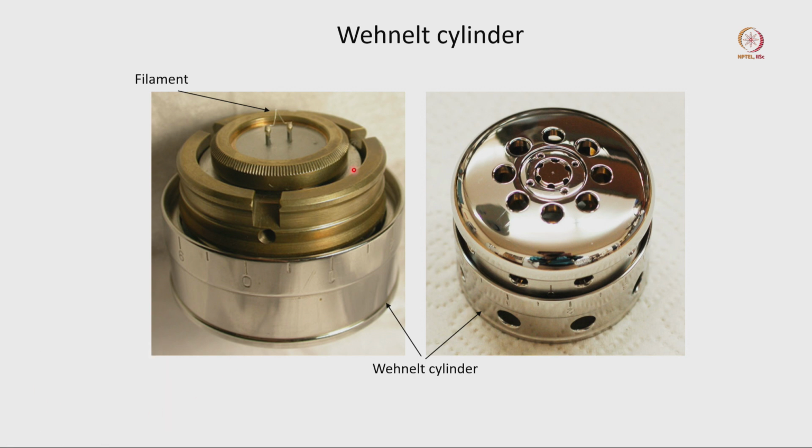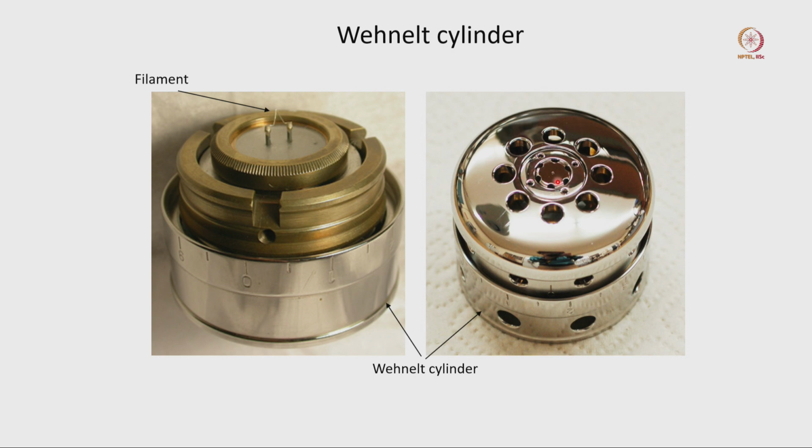Here you can see the tungsten filament which is connected with the high tension, and this is the filament tip which is mounted within this cylinder, where the top part is open, which is why we can see the filament, and here you can see the cover of the Wehnelt cylinder, where the filament is coming out from this tip.